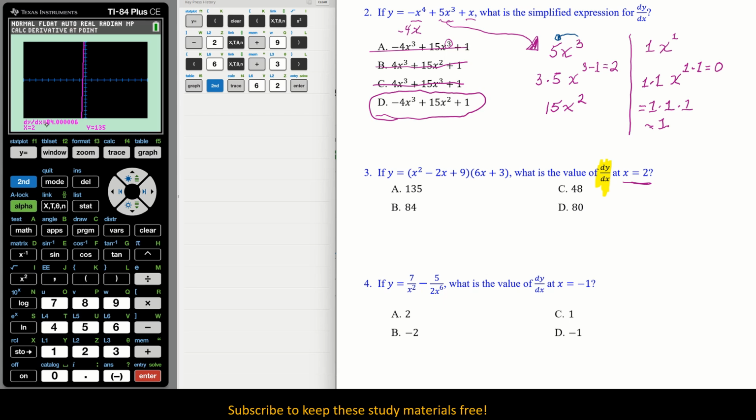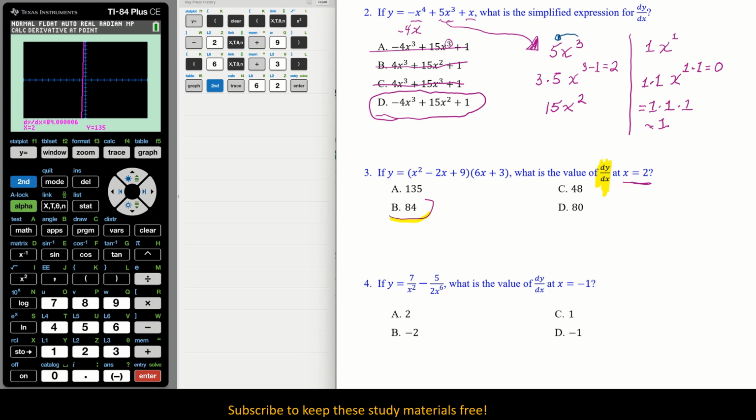And notice out beside it, it has 84. Now, it will have 0.00000 and then some number way out there. Disregard all that. The value we're looking for is the 84.